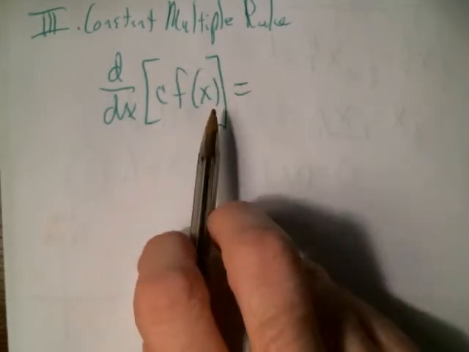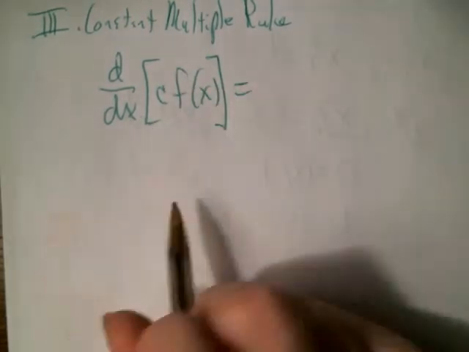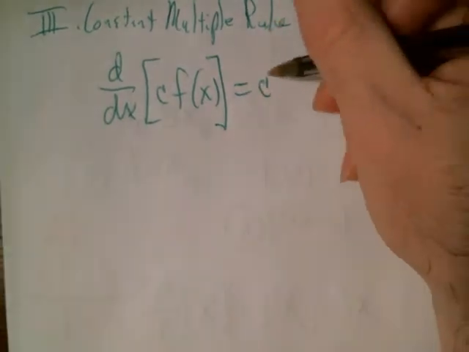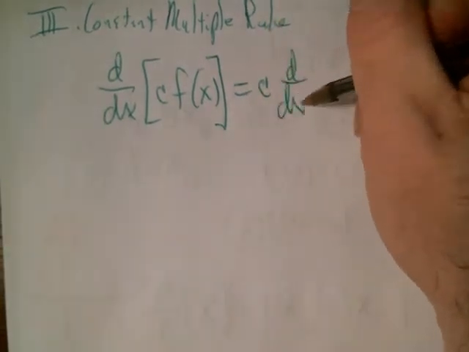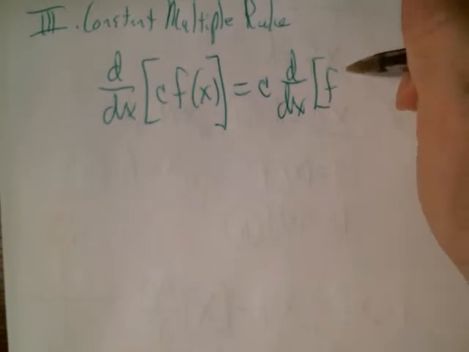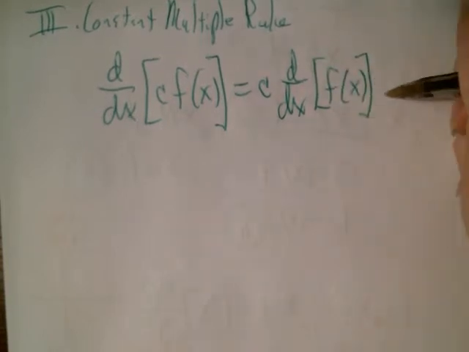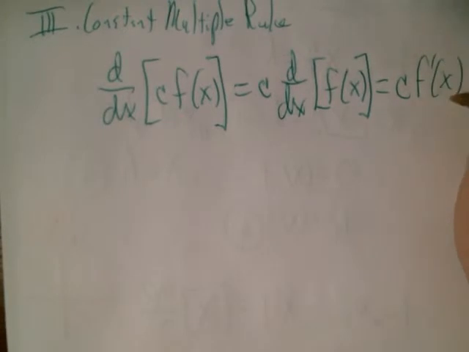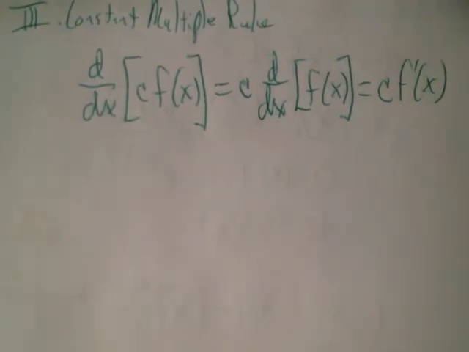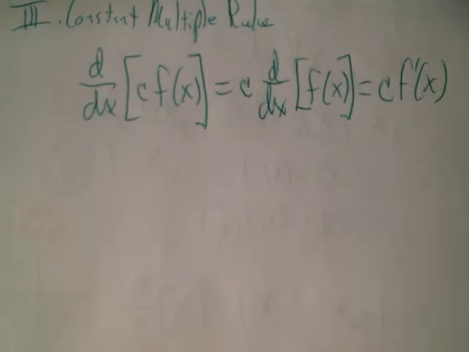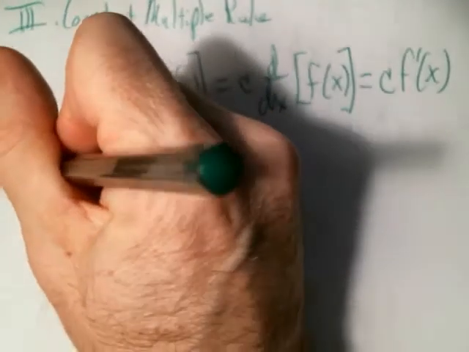And with any limit, you could factor out a constant. So here you can also factor out a constant and just focus on the function itself, taking the derivative of the function. So if you'd like, you could write c times f prime of x. You kind of just ignore the constant in front and work.